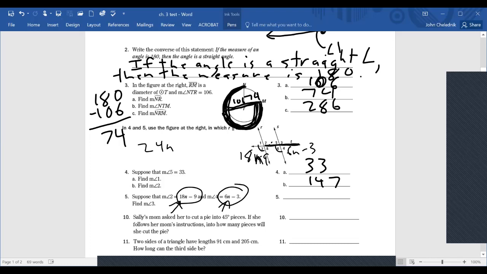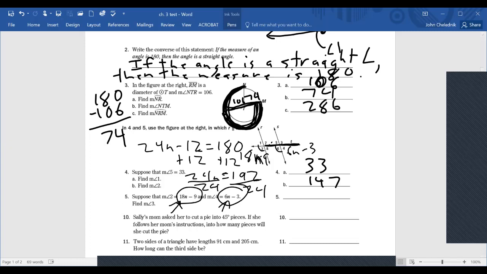Then we have a minus 9 and a minus 3. Combined, that's minus 12. Right there you have it. So now let's solve that out. You get 24n equals 192. Divide by 24 on both sides. 192 divided by 24.